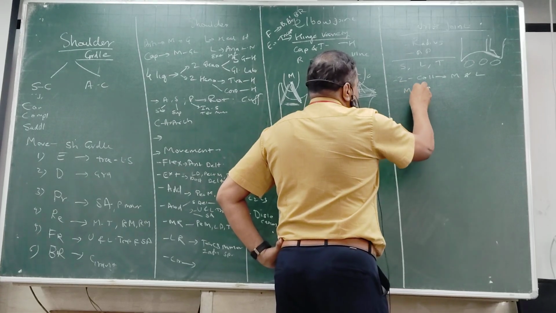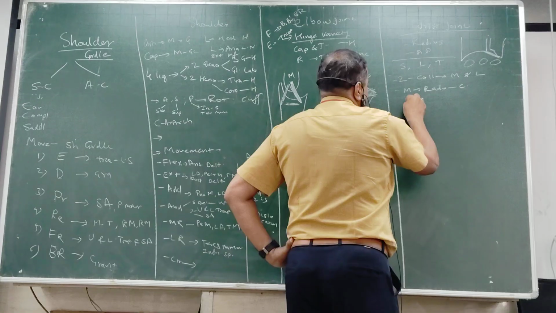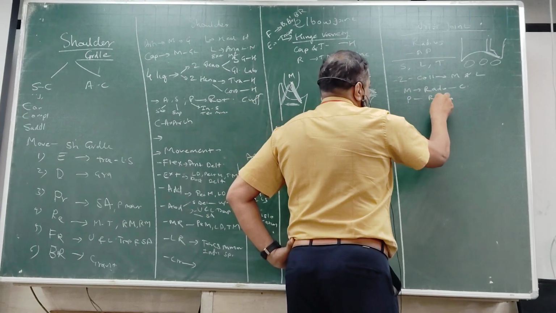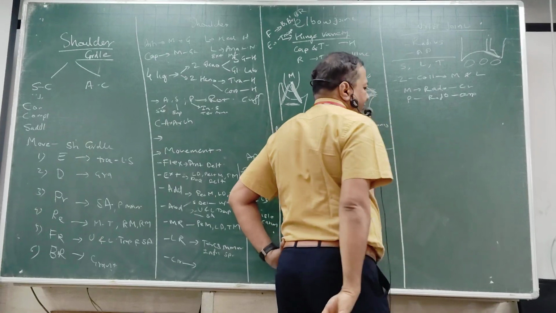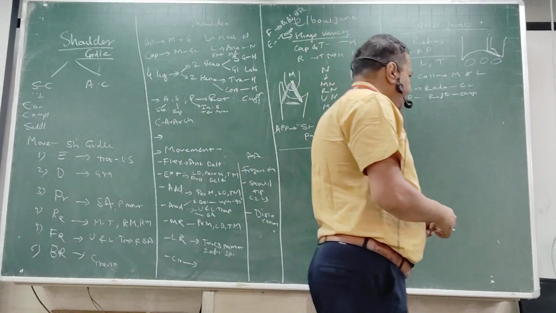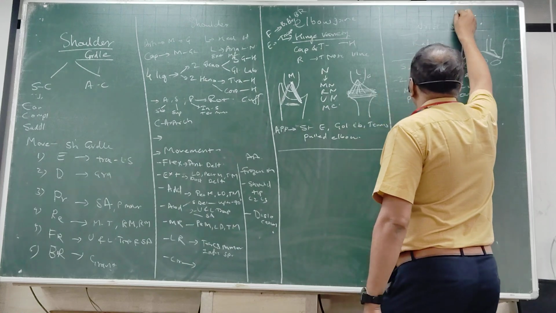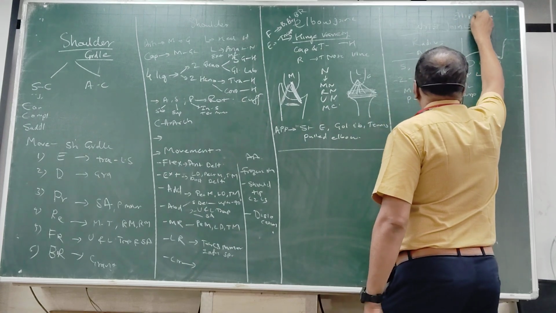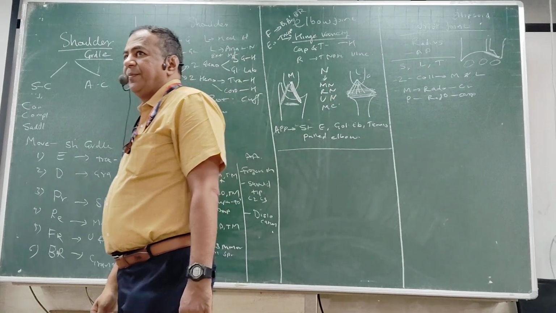Then there are anterior radiocarpal ligament and posterior radiocarpal ligament. Now the ulnocarpal ligament is also written there in your book. This wrist joint is an ellipsoid type of joint.